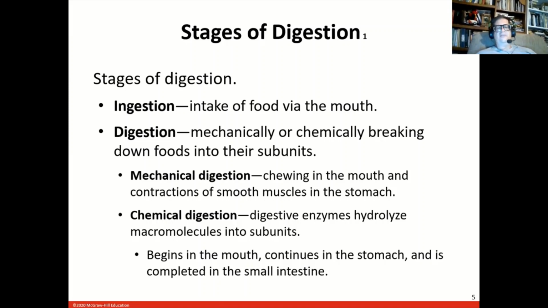This begins in the mouth with, say, salivary amylase, a starch-digesting enzyme in the saliva. And that continues in the stomach where you have protein-digesting enzymes. And we finish off the chemical digestion in the small intestine, which is where most digestion happens.